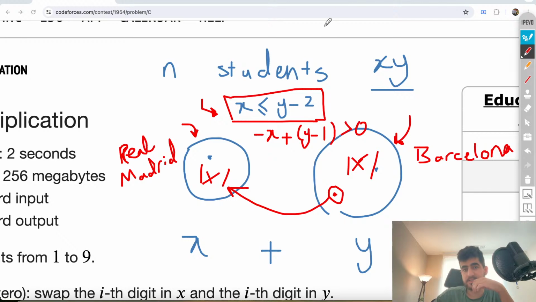Not exactly. It's X choose 2 plus Y choose 2. Yeah, X choose 2 plus Y choose 2.